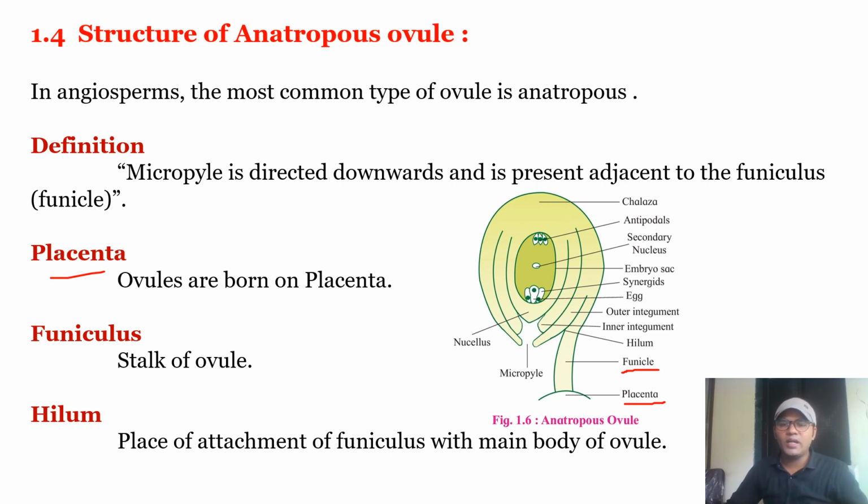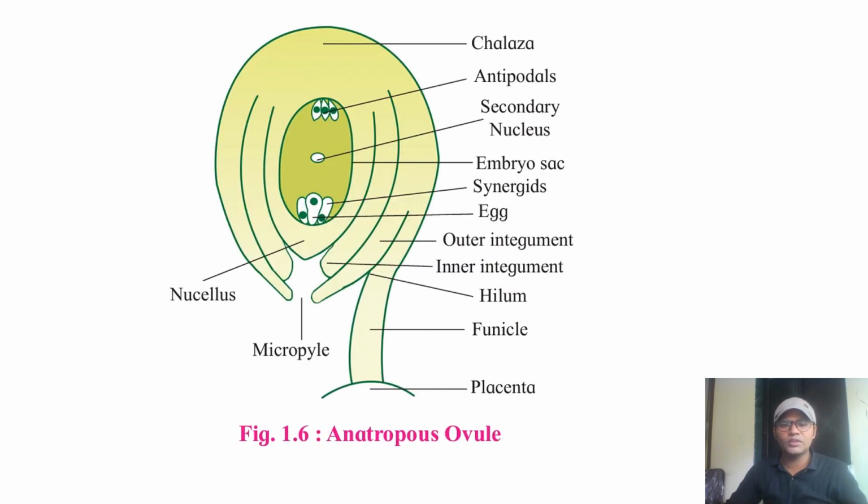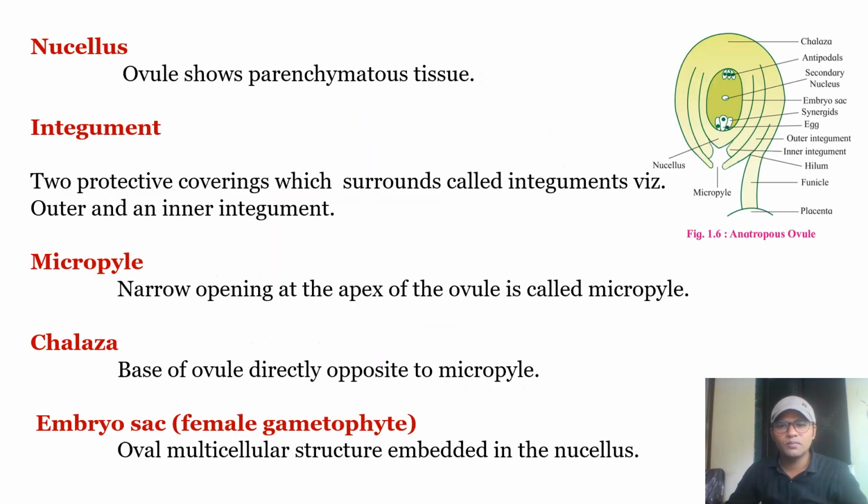Next part is hilum. Hilum is nothing but the place of attachment of the ovule to the funicle. It is called as hilum. Here you can see this is the placenta, this is the funicle, this is the hilum.